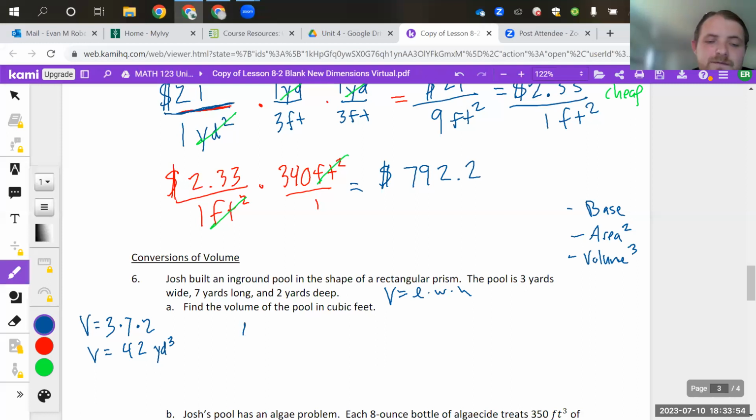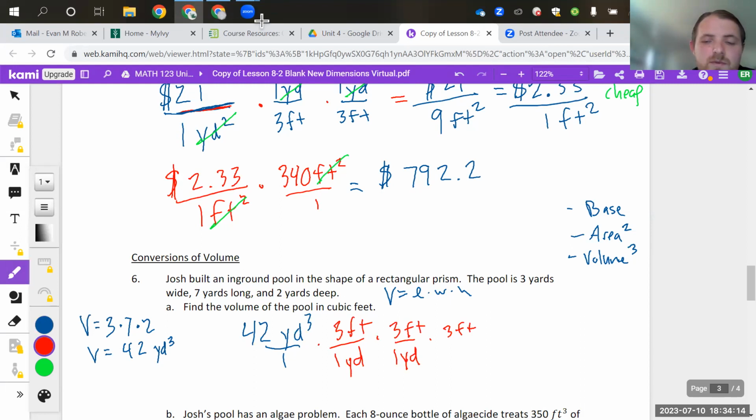So if we're given 42 yards to the third power, all divided by 1, I now have to do 3 feet for every 1 yard, 3 feet for every 1 yard, and 3 feet for every 1 yard.